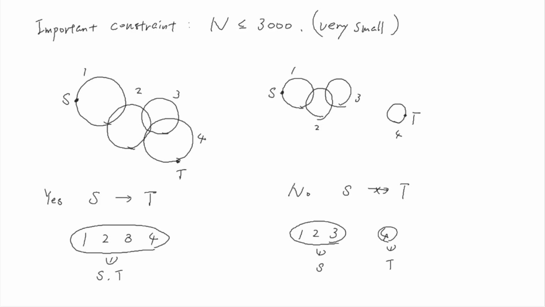So the first one is this. We have 4 circles and S is here, T is here. You can move from S to T like this way. So the answer of this example is yes.